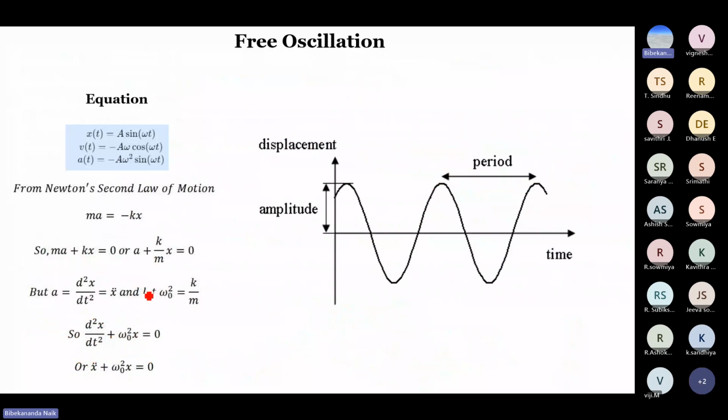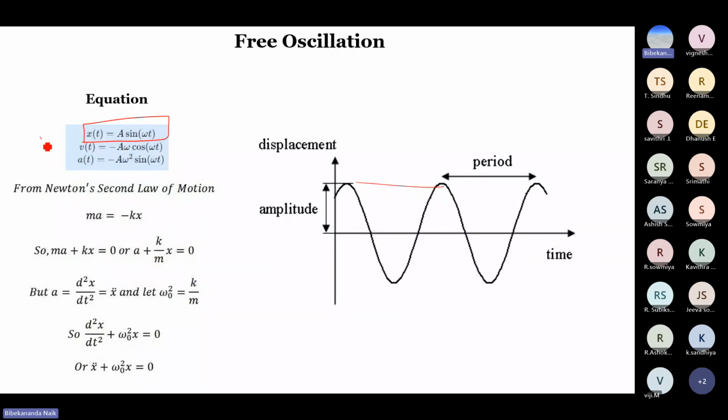Now in terms of mathematical expressions, in case of free oscillation, the amplitude remains constant, but according to time its value changes. So we can take x(t) equals A sin omega t. Then velocity, by taking the first derivative with respect to t, will be minus A omega cos omega t, and then again taking the derivative.